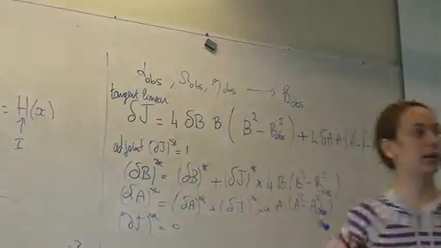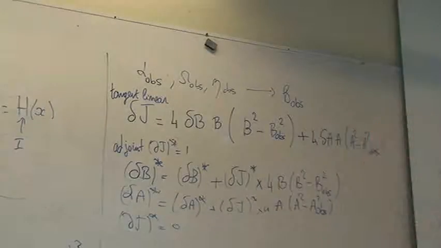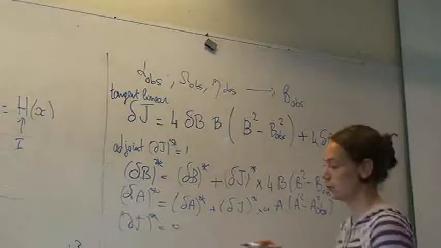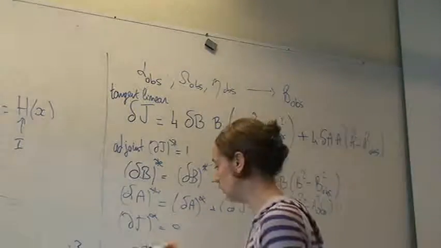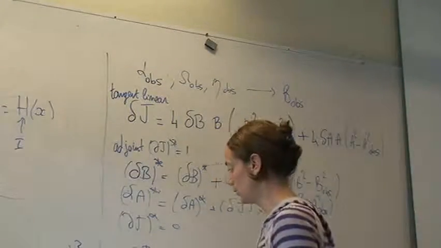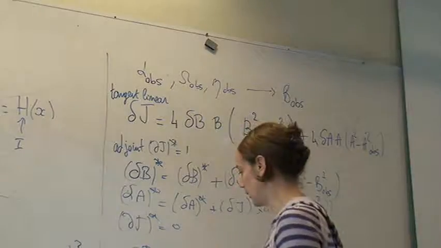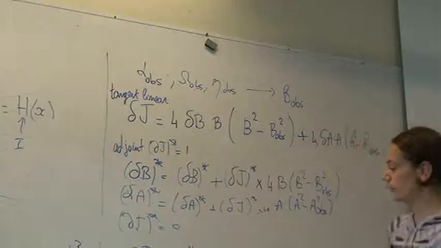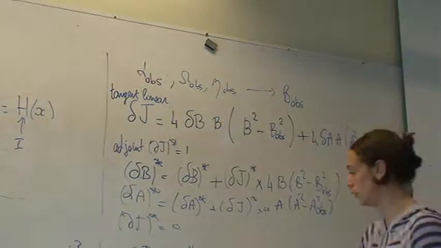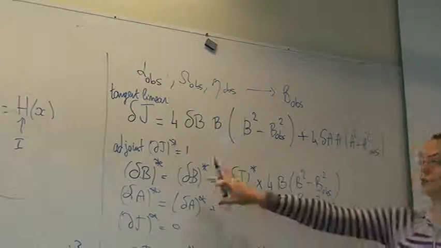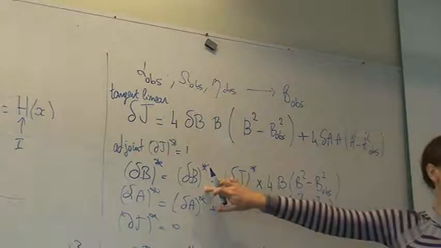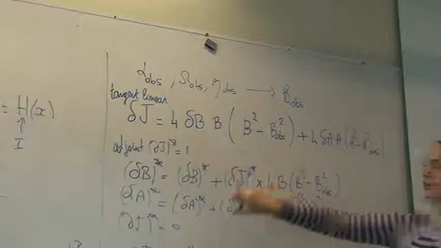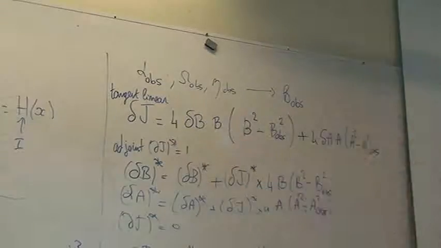So in the adjoint instructions, for example, dJ over d alpha, which is d alpha star, will be some function of delta b star, which was defined just before, and delta J star was defined just before.